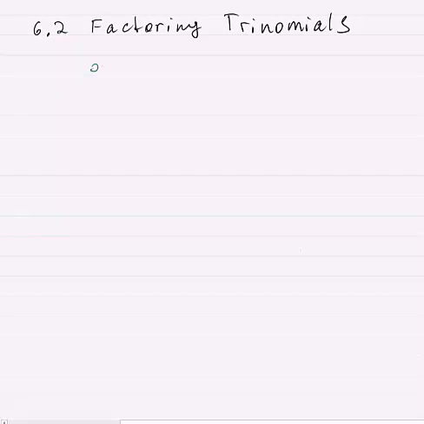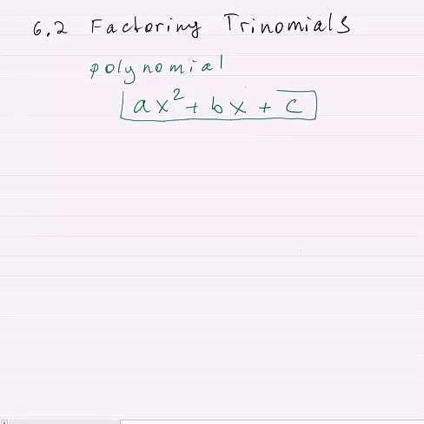Consider the polynomial that has this general form: ax squared plus bx plus c. In this section and the next section, we'll talk about how to take this polynomial and factor it.